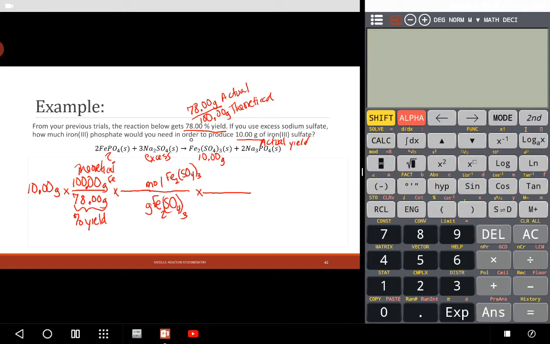Then I would need to switch compounds. So we got into moles. Now we have to switch compounds, and so that's my moles of iron 3 sulfate. The balanced equation has a 1 coefficient, and that's going to do 2 moles of FePO4.